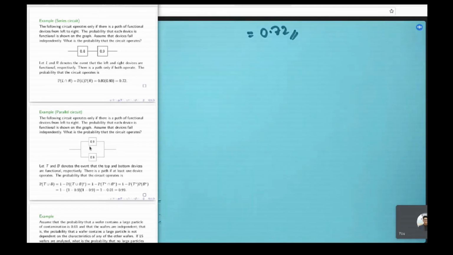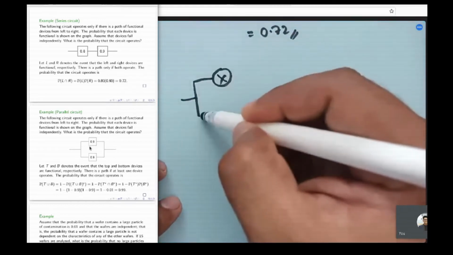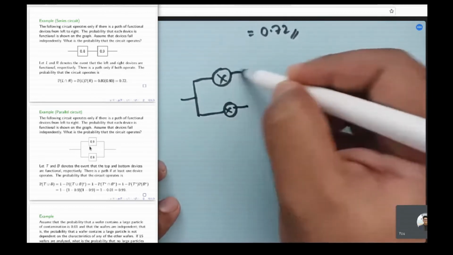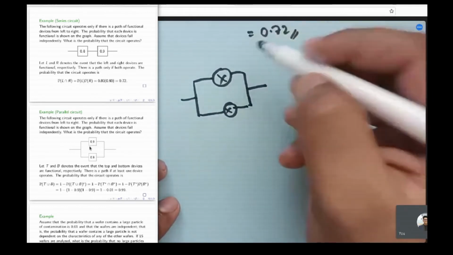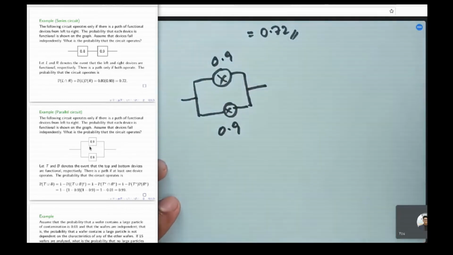But in the case of this question, it says assume that devices fail independently. So if you get these two devices, you have a probability of 0.9 for this one and 0.9 for this one.